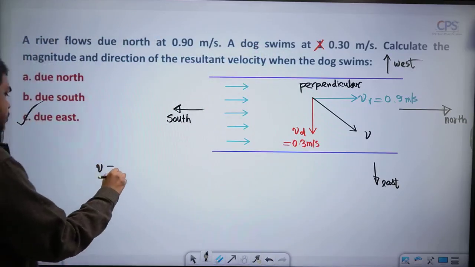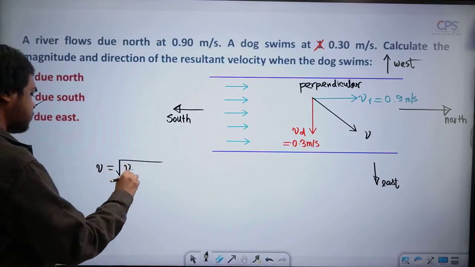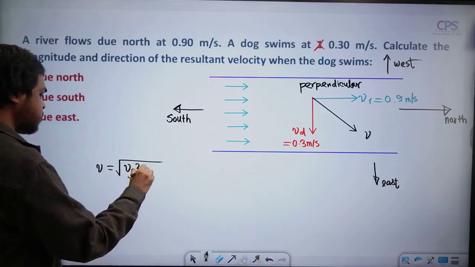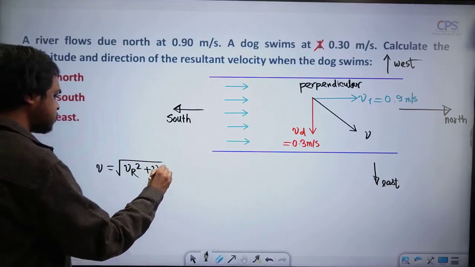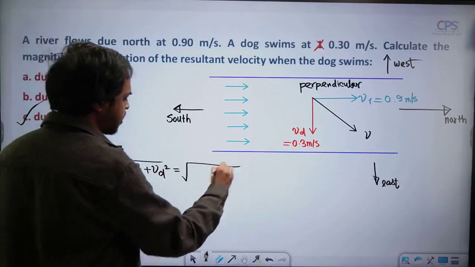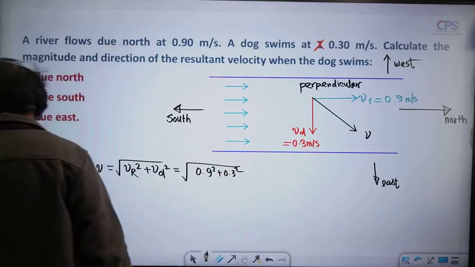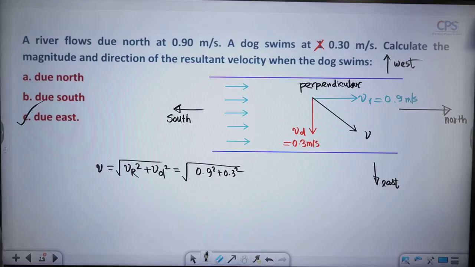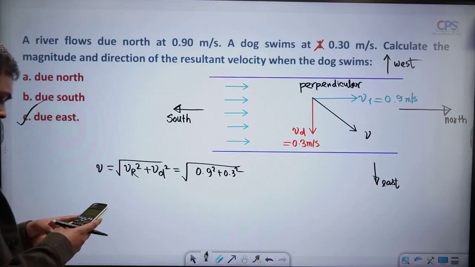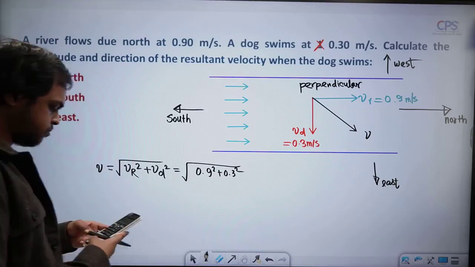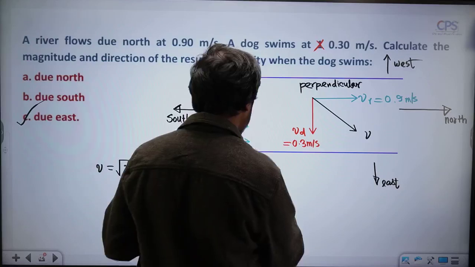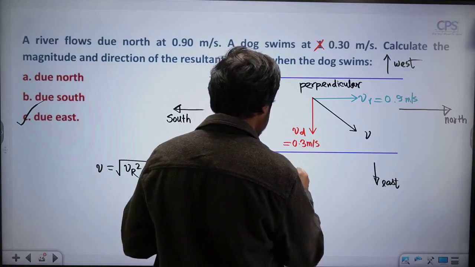V is, by the Pythagoras theorem, root over V river square plus VD square. Root over 0.9 square plus 0.3 square. And how much is it? 0.95 meter per second.